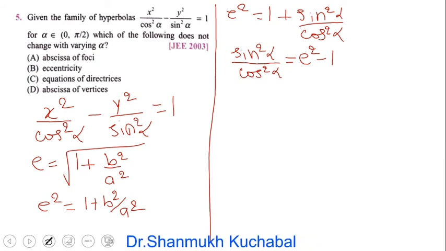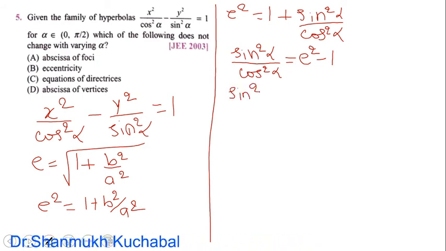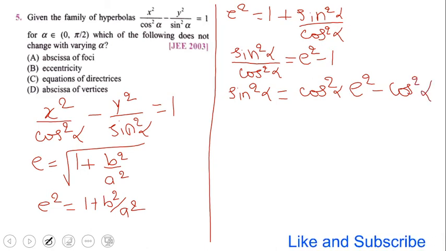Further we write the solution for sine square alpha: multiplying cos square alpha with the RHS, we get cos square alpha into E square minus cos square alpha.